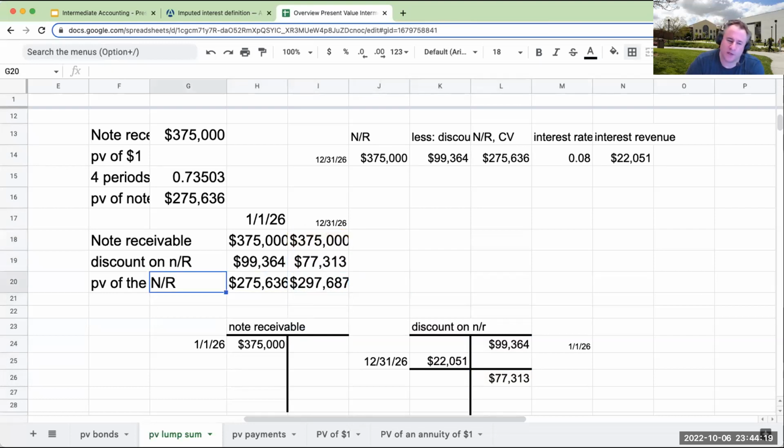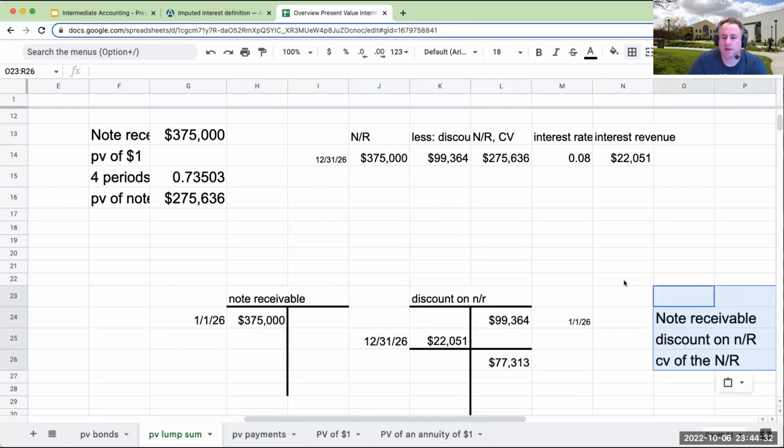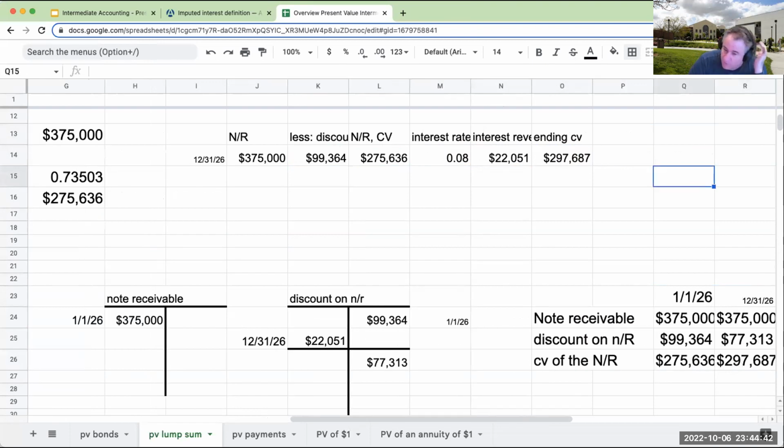My new carrying value of the note receivable is going to be $297,687. So what I'm now ready to do is take a look at the next upcoming year. My ending carrying value is right over here. I'm just adding in that amortization of the discount and getting this.